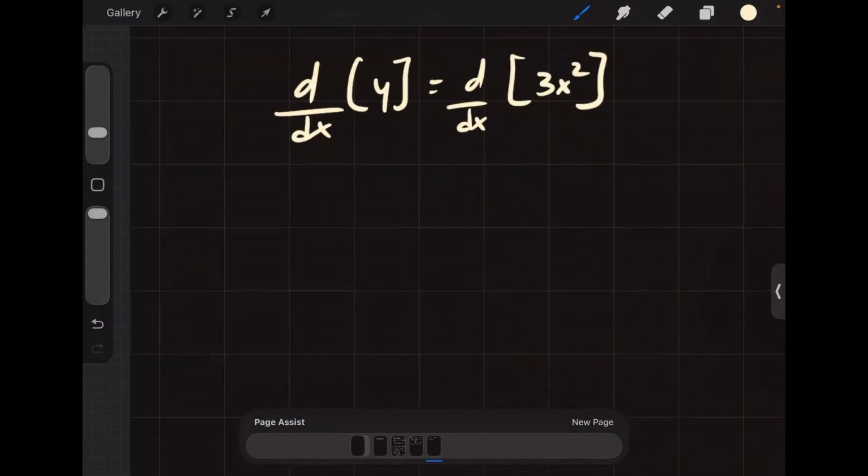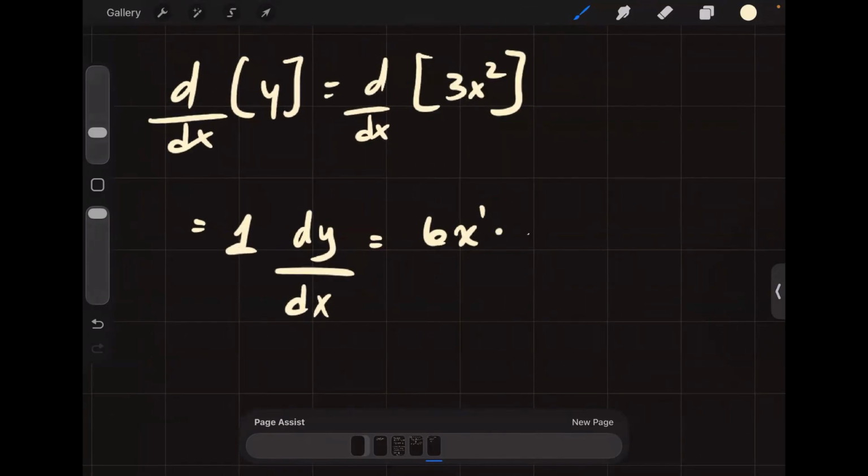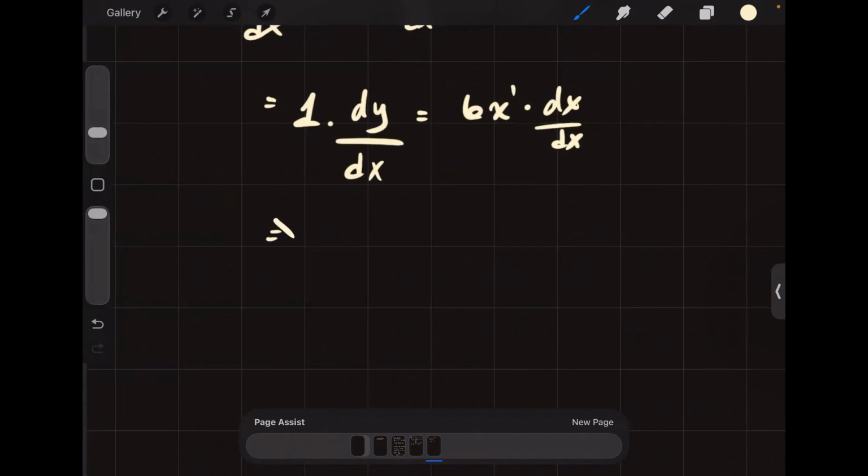The derivative of y is 1, and the variable we derived is y, that's why it goes on top, and you derive in terms of x. On this side, you get 6x first. If you don't know how I did this, please review the power rule, times dx/dx. Technically times here, which is the same as saying dy/dx is equal to 6x. That's it.